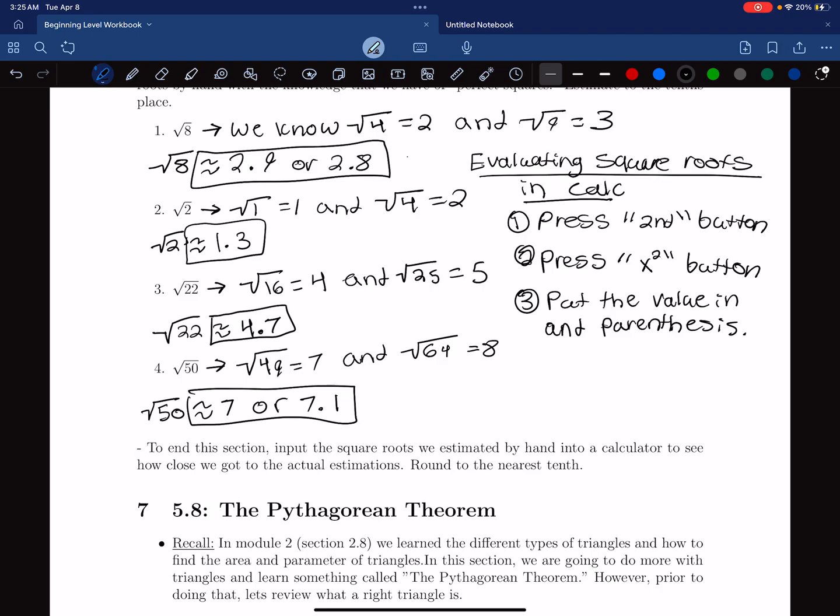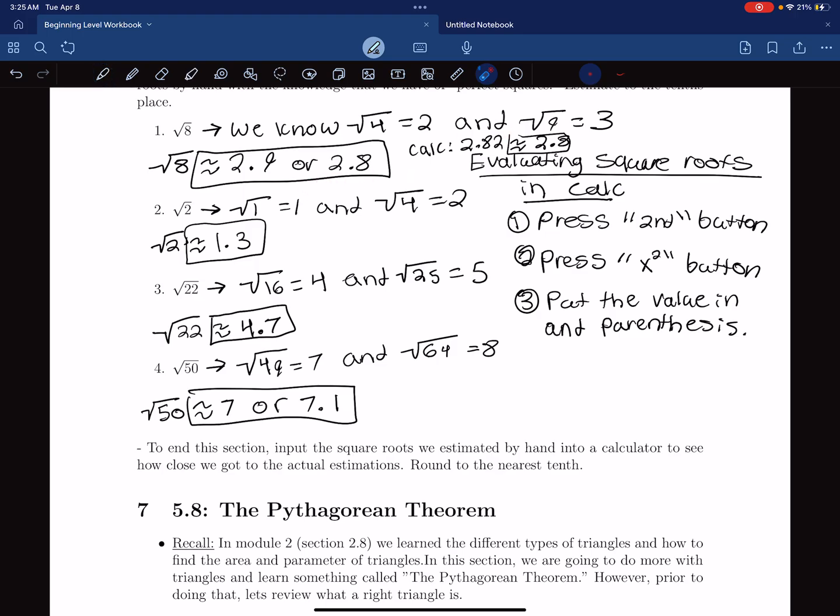For my calculator, it says that the square root of 8 is 2.82. And now if we round that to the nearest tenth, that's going to be 2.8. So we actually got it exactly just by estimating.